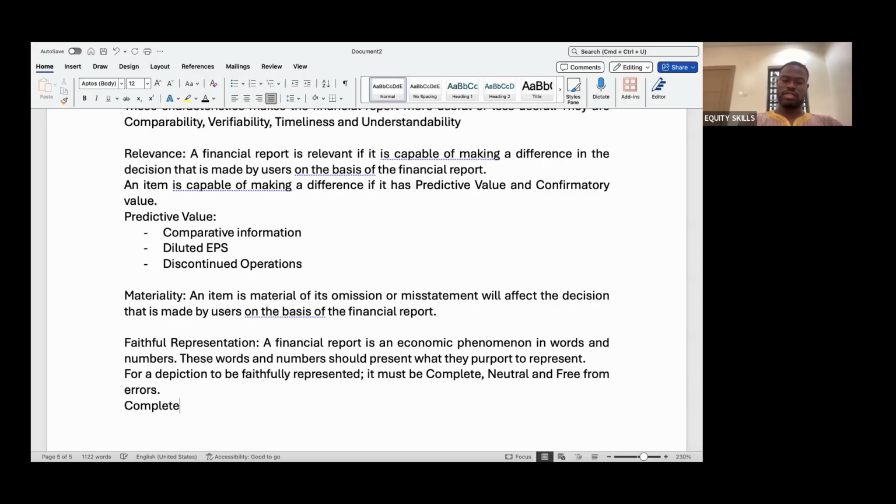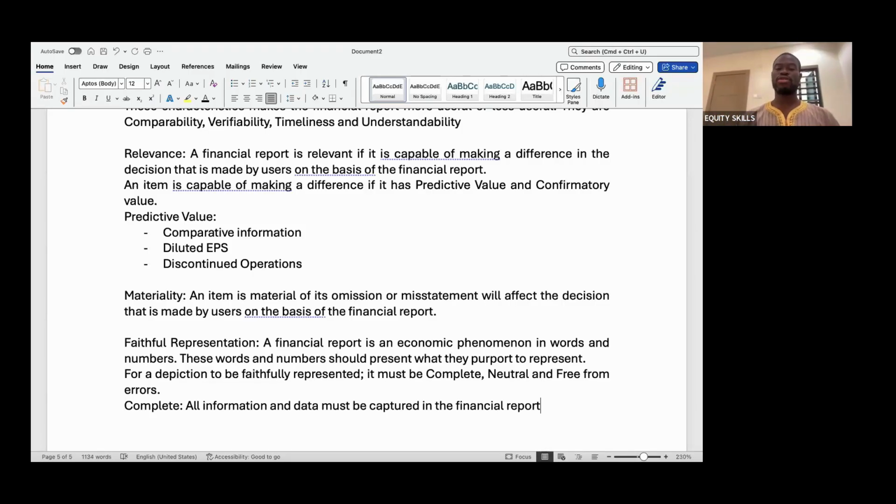When we say complete, it means that all information and data, all your economic activities must be captured in the financial reports. If you omit anything, it becomes a problem with faithful representation. We don't expect you to omit. All your information and data must be captured in the report. Complete. Show us a complete depiction. Your depiction must be complete.